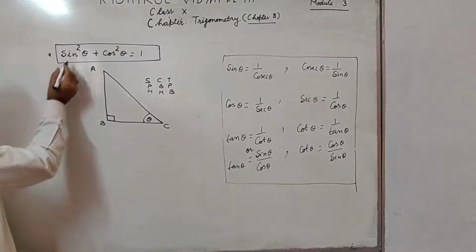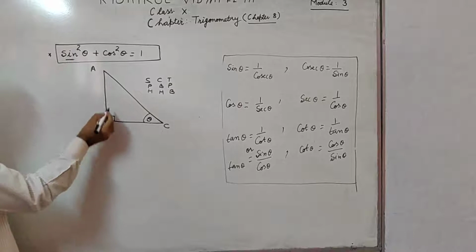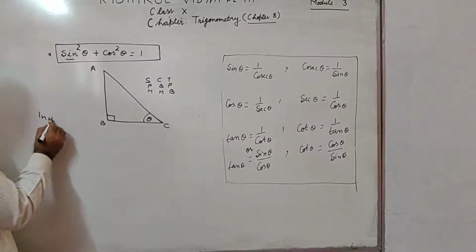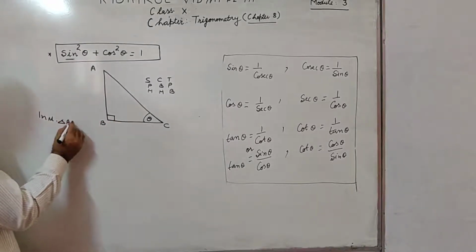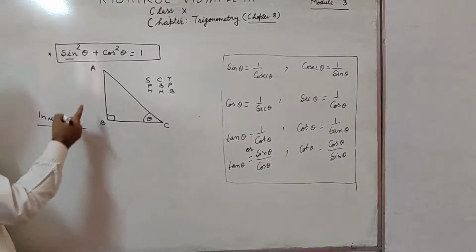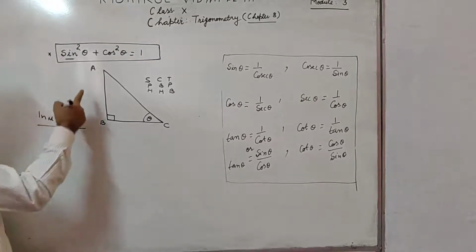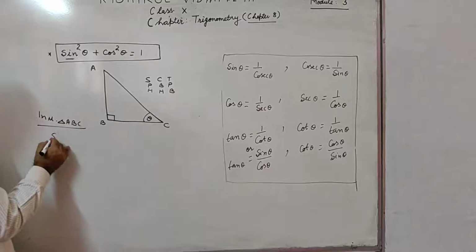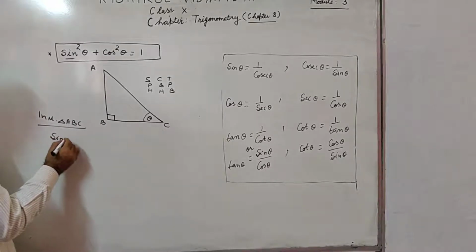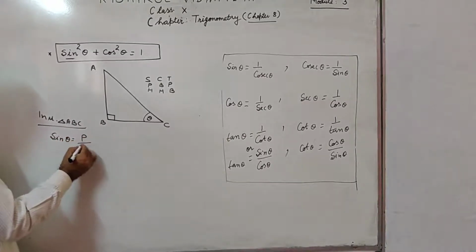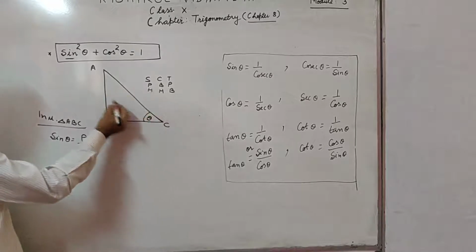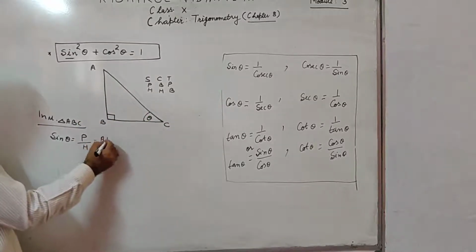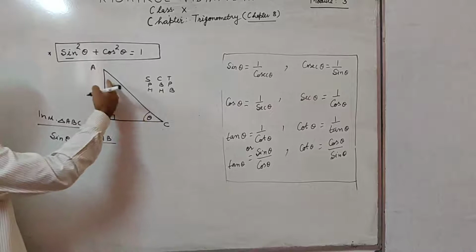In right triangle ABC, sin theta we find. Sin theta is P by H. You know what is perpendicular? This is AB. What is hypotenuse? AC.